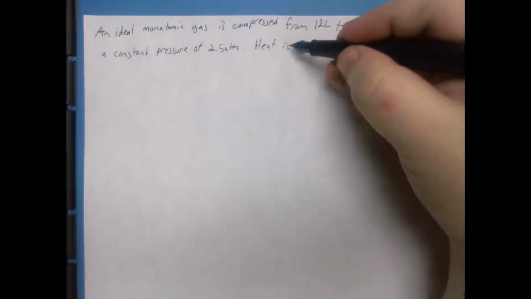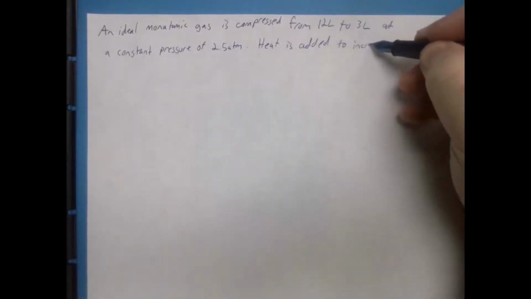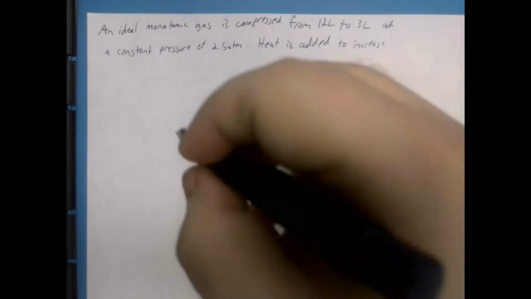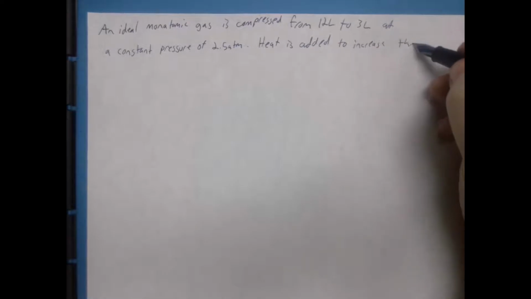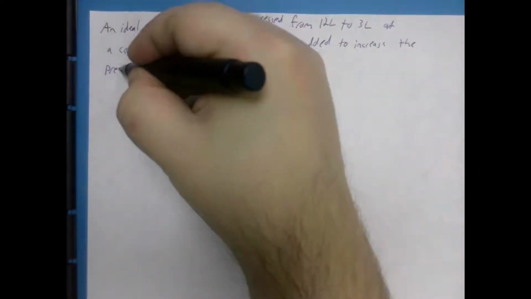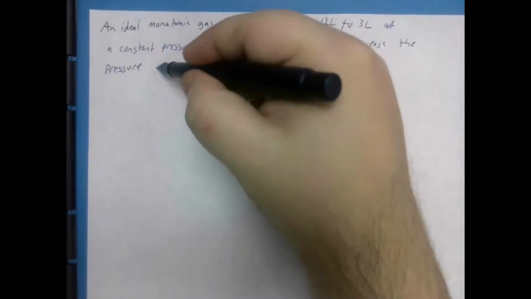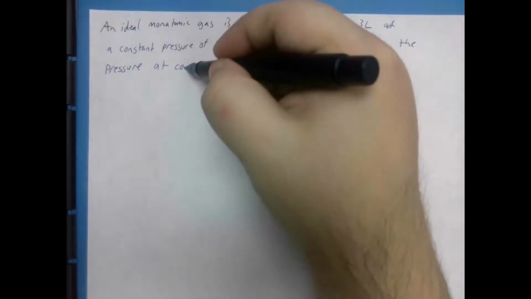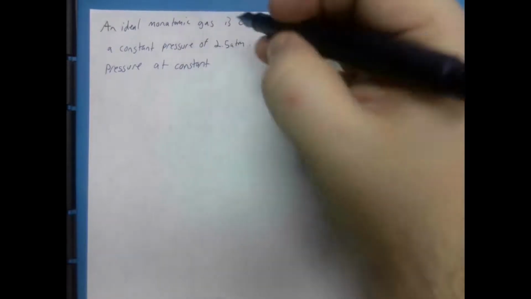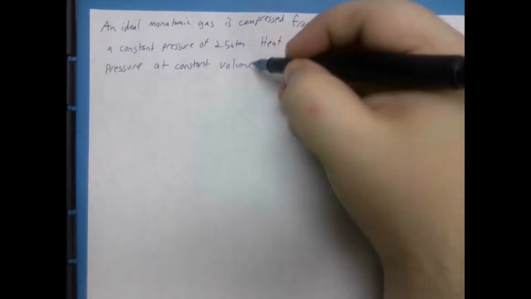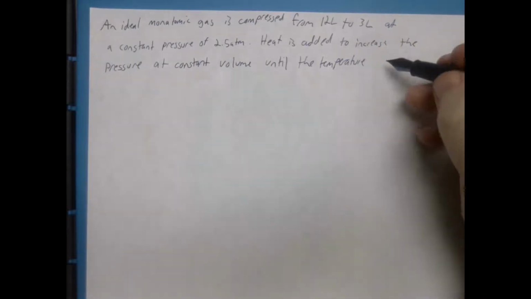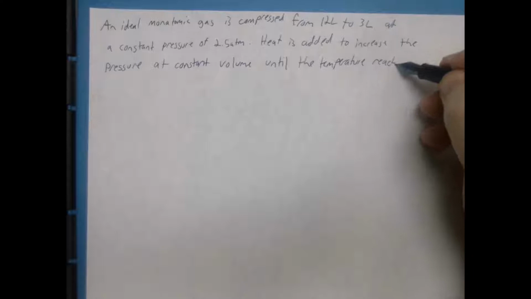Heat is added to increase the pressure at a constant volume until the temperature reaches its original value.